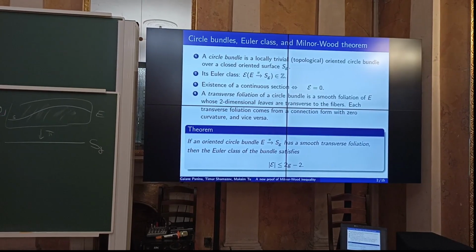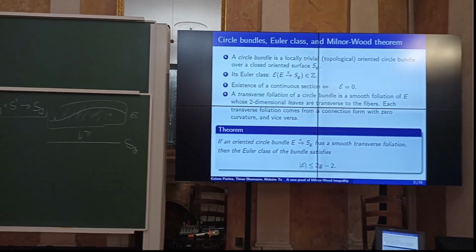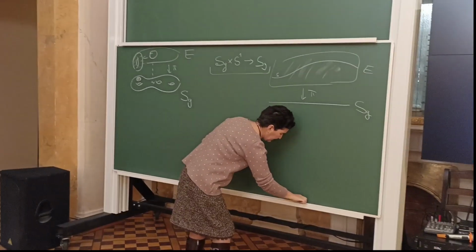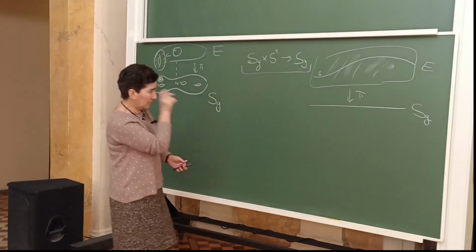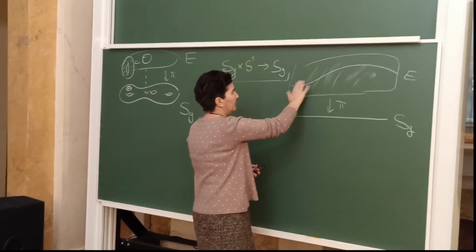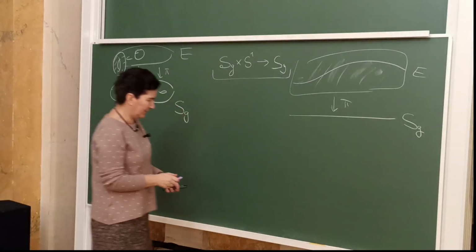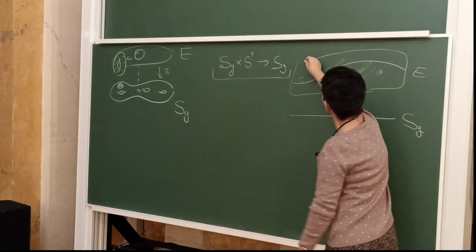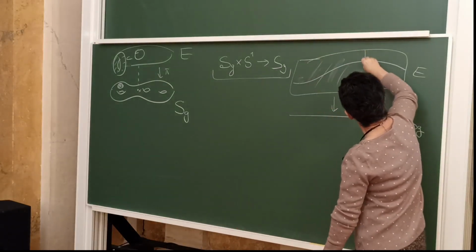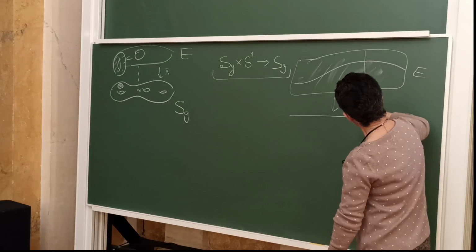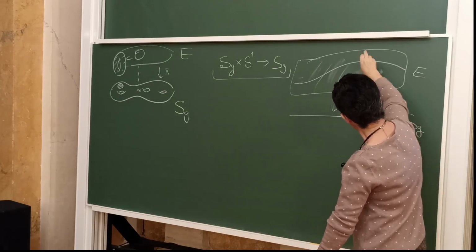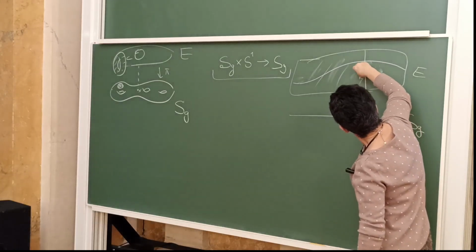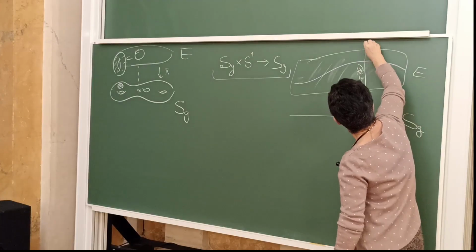Now the next ingredient of the Milnor-Wood theorem is transverse foliation. Let's look at this picture. This is no longer a section. How should you understand this picture? The vertical segments are exactly the fibers, the preimages of points in the base, so this is pi^{-1}(x). This is called a fiber.